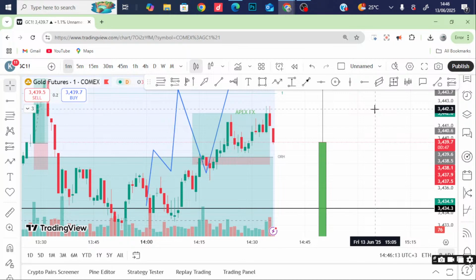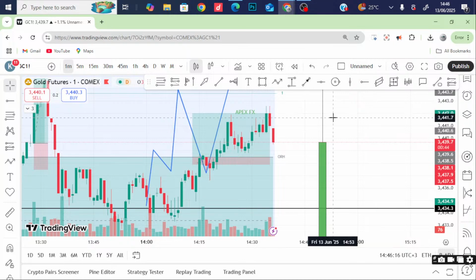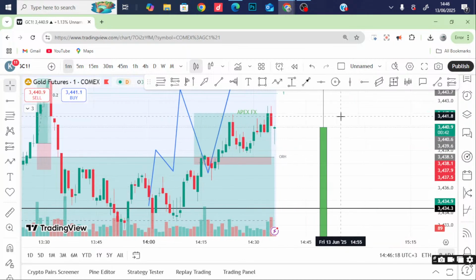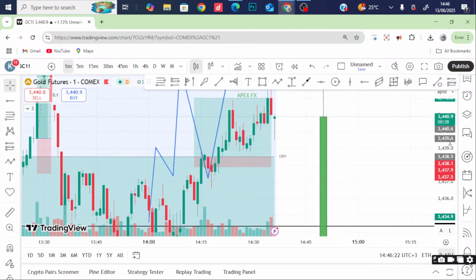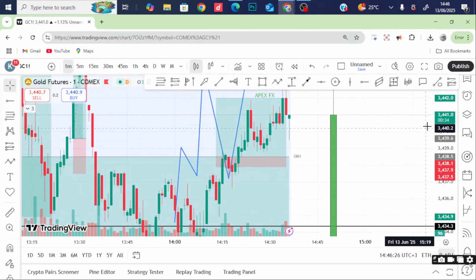That's the open range breakout strategy. Let me take a pause.